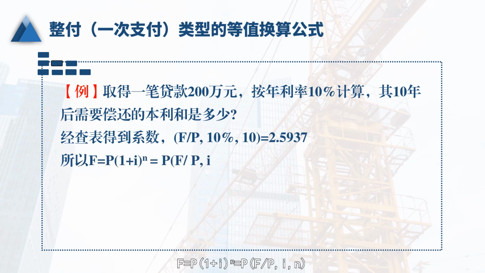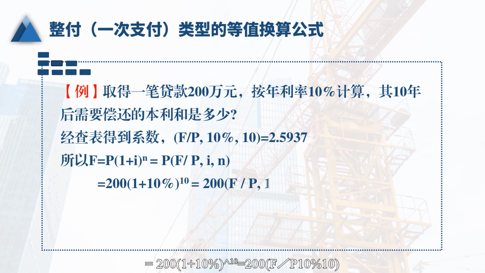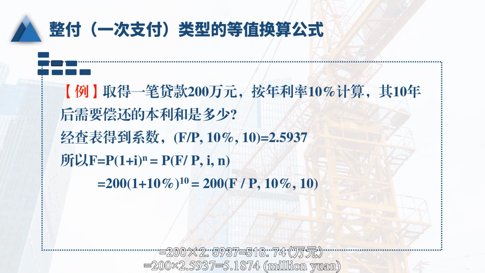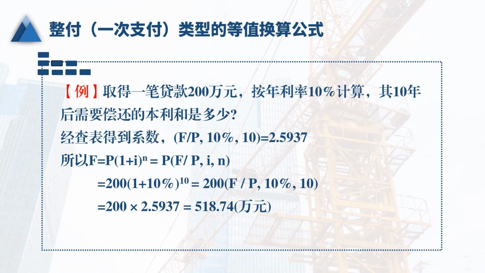So, F equals P multiplied by (1 plus I) raised to the power of N, equals P multiplied by (F/P, I, N), equals 200 multiplied by (1 plus 10%) to the 10th power, equals 200 multiplied by (F/P, 10%, 10), equals 200 multiplied by 2.5937, equals 518.74 (ten thousand yuan).